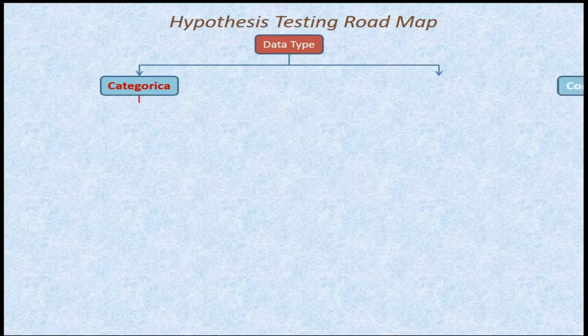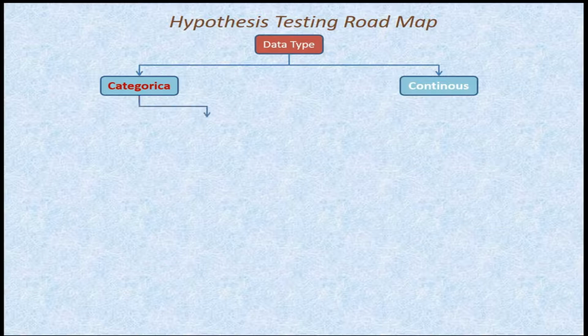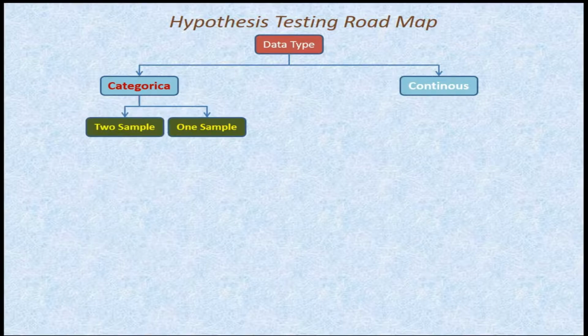The one is categorical, and the second is continuous, or numerical, we can say. In the categorical field, we have three different kinds of samples: one sample, two sample, and greater than two sample hypothesis testing.